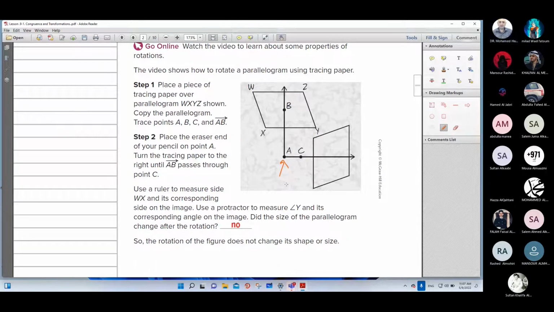The angle is 90 degrees rotation, from left to the right. So is this clockwise or counterclockwise? This is clockwise.